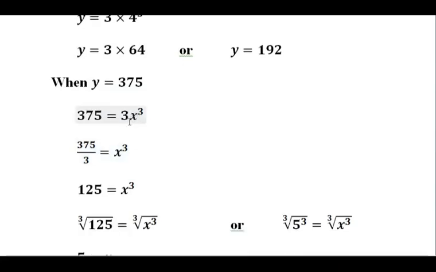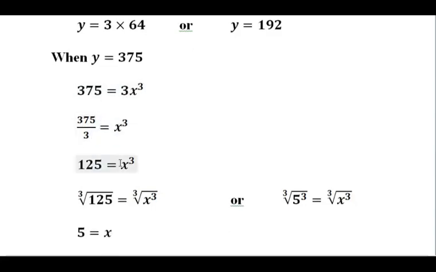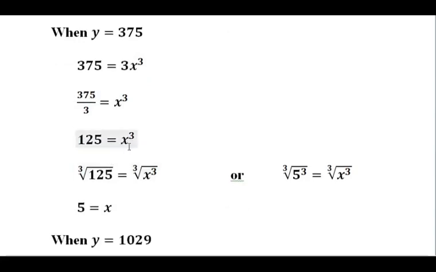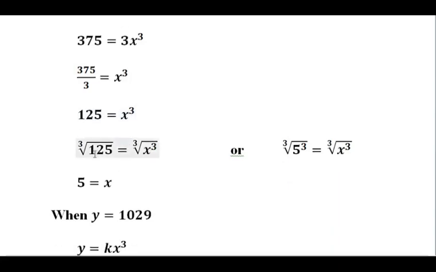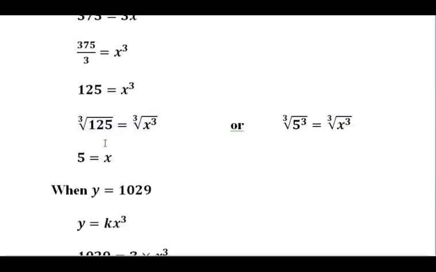To find x cube, I'll take this 3 from the right to the left side, so this equation becomes 375 upon 3 equals x cube. 375 is divisible by 3. So dividing 375 by 3, we get 125 equals x cube. Now 125 is a perfect cube number. Now taking cube root on both sides, we get cube root of 125 and cube root of x cube. So x equals 5.